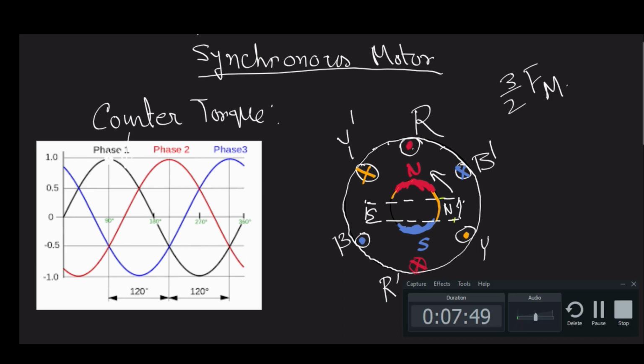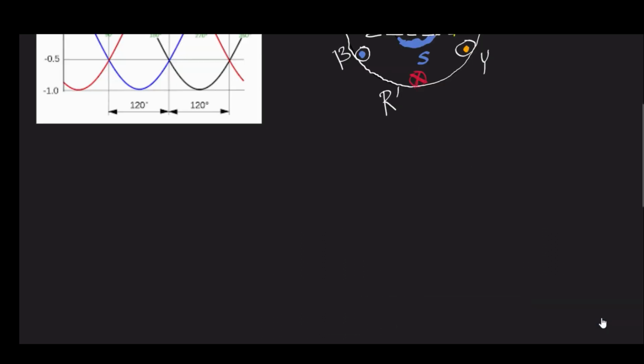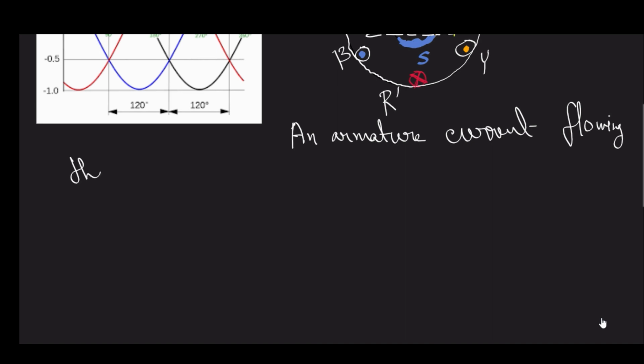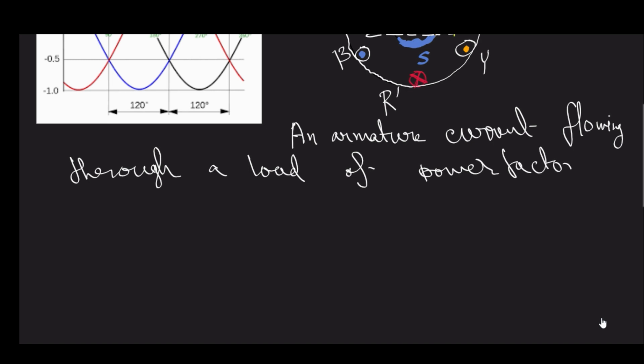For an armature current flowing through, we can find the average torque given by this formula.